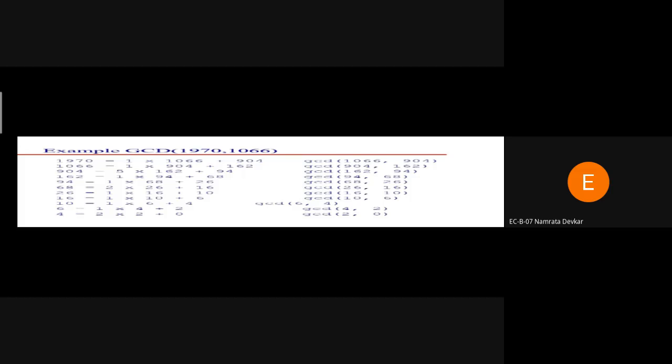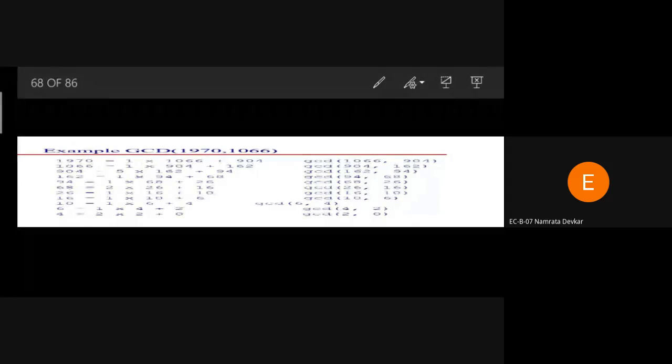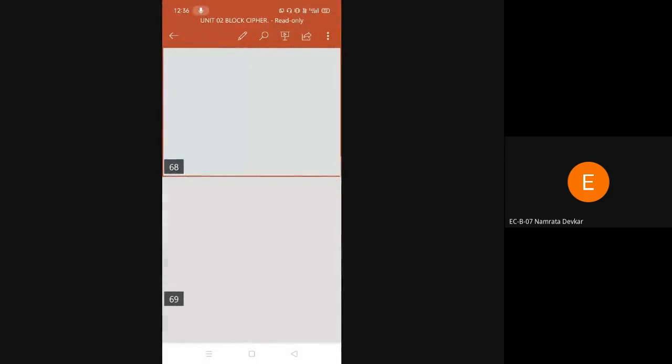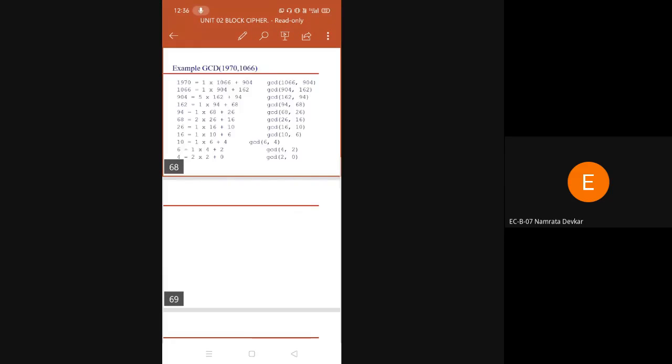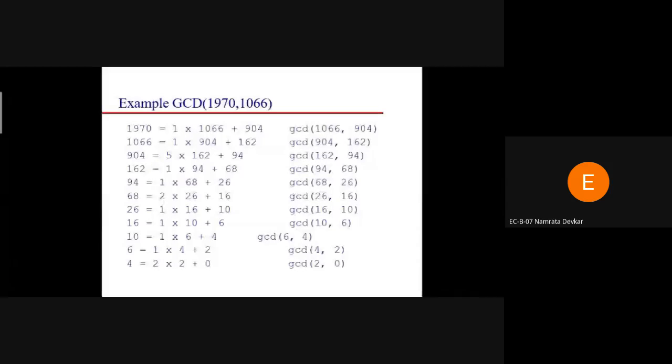Okay, so we'll take one example, and that example we can solve by using the greatest common divisor. To use the Euclidean algorithm, we have to use the division algorithm.